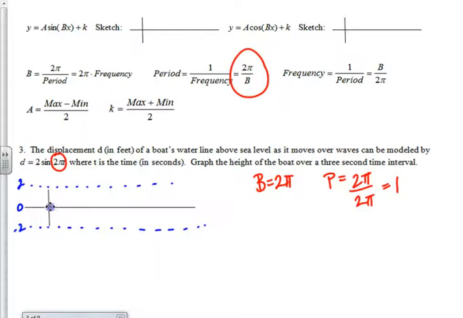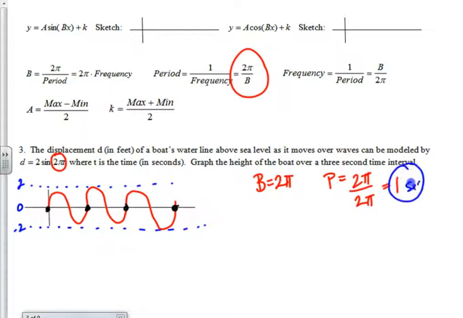So it turns out that if I graph one sine cycle, which I'm going to do really sloppily, from here to here is one sine cycle. From here to here is 2 sine cycles, and from here to here is 3 sine cycles. But remember, the period is the length of one cycle.